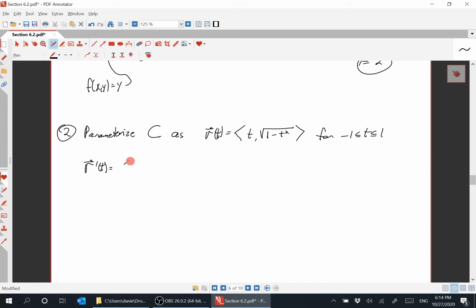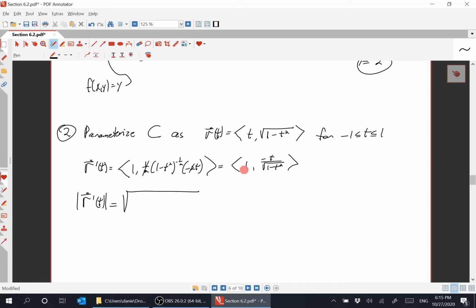Well, r prime of t is equal to (1, and then this is equal to 1/2 times (1 minus t squared) to the -1/2 times -2t), like that. So that's equal to (1, and then the 2 and the 1/2 cancel, minus t over the square root of 1 minus t squared). So that's r prime. And we also need to know its length.